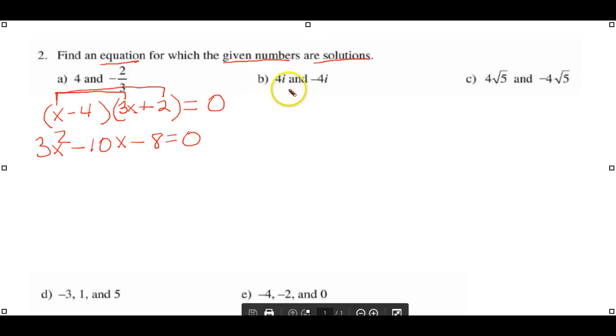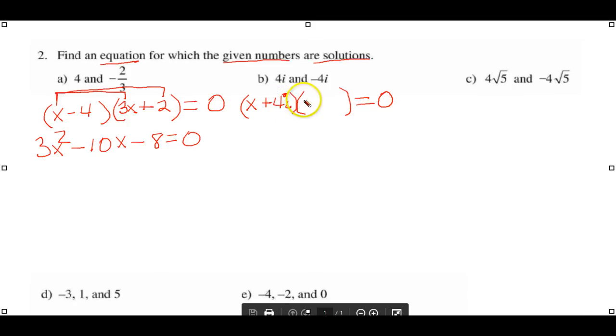All right, now this one's a little bit tricky, because here, can you see we have sort of conjugates. So this is going to be, again, 2 sets of parentheses. x plus, I'll do this one here first, 4i.